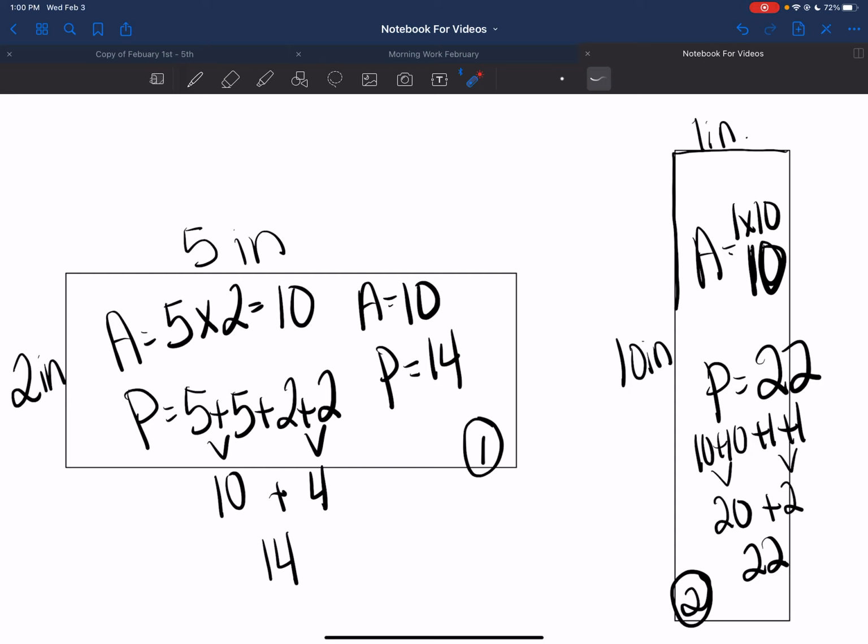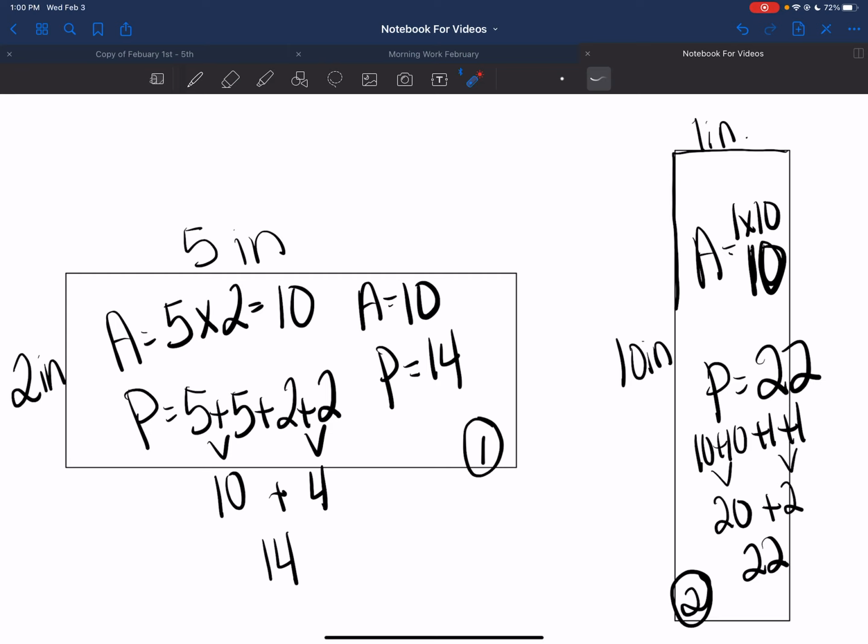You can have shapes that have the same area when you multiply your side lengths together. Your perimeter is different because of your side lengths. So we can even tell looking at our side that 5 is going to be shorter than a side length of 10. So obviously rectangle 2 is longer than rectangle 1.